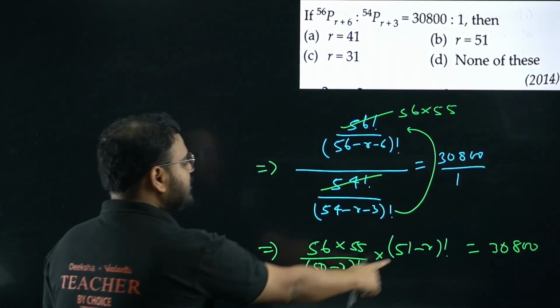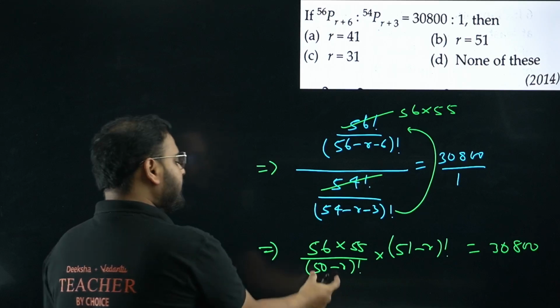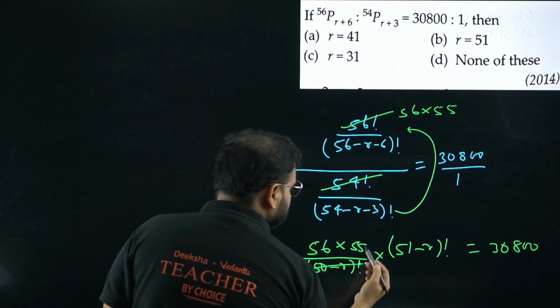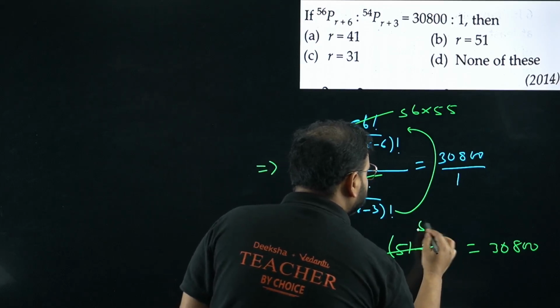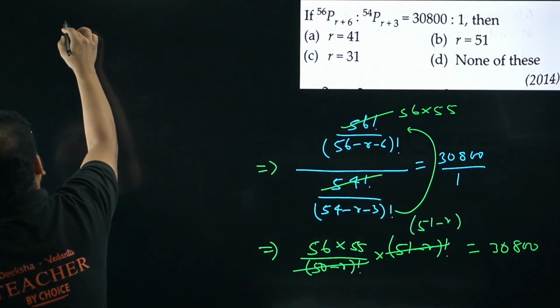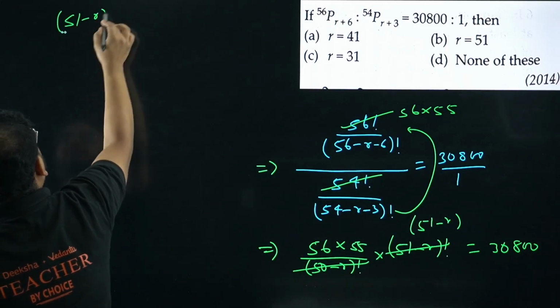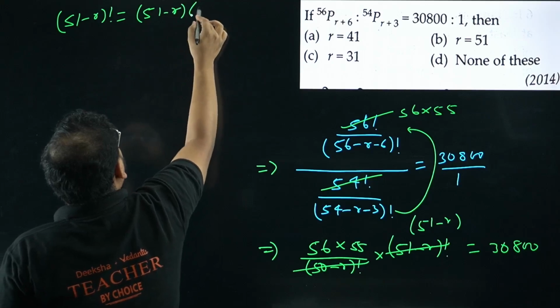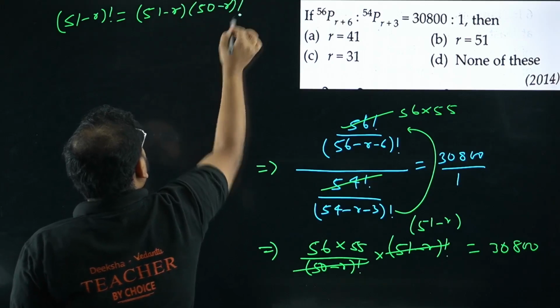Now, I can cancel this also. Which is bigger out of these two, 50 minus r and 51 minus r? This is bigger. So I'll cancel by the number 51 minus r. If you're not sure, 51 minus r factorial is nothing but 51 minus r into 50 minus r factorial.